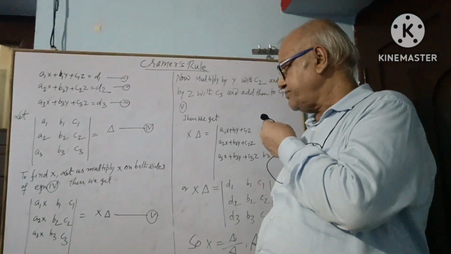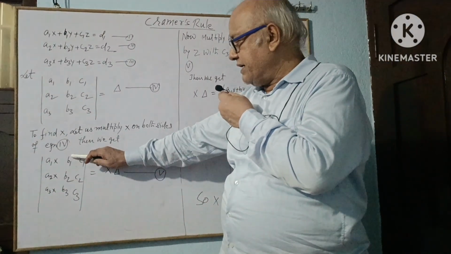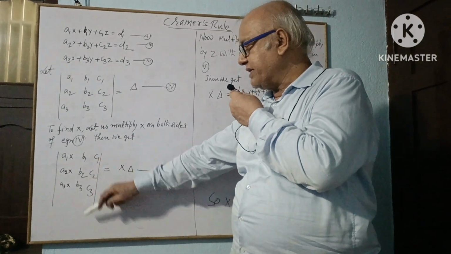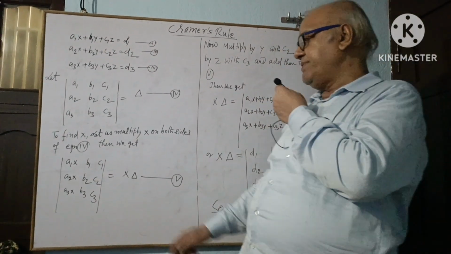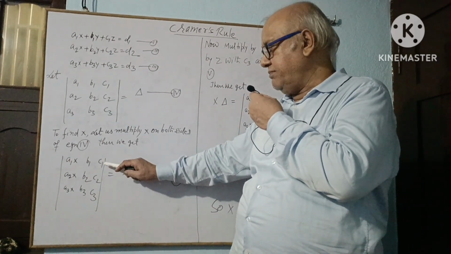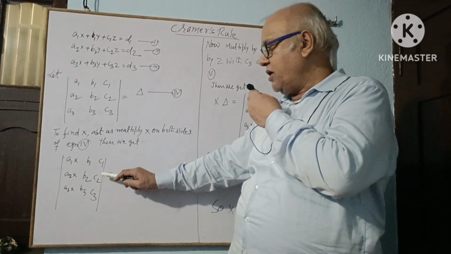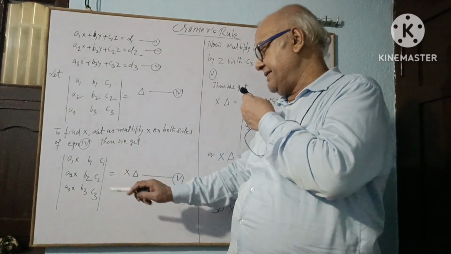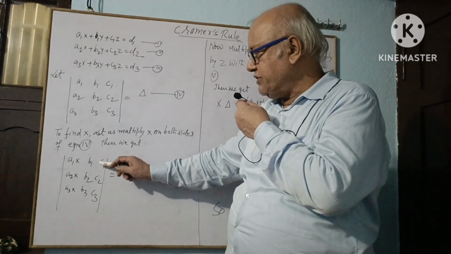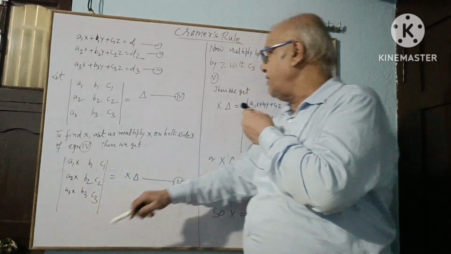Now, in the second column, b1, b2, b3, we multiply by y. And in the third column, c1, c2, c3, we multiply by z. And then we add both these columns to the first column.